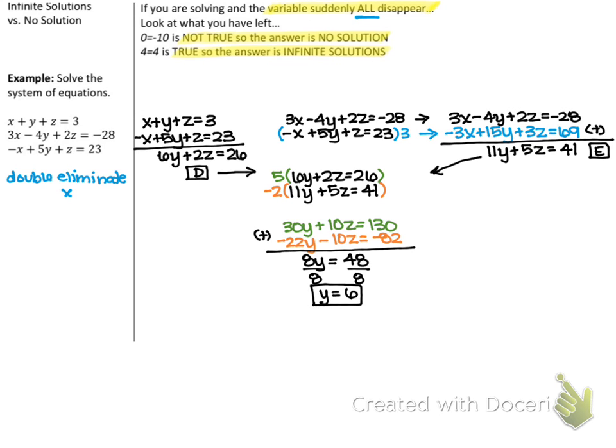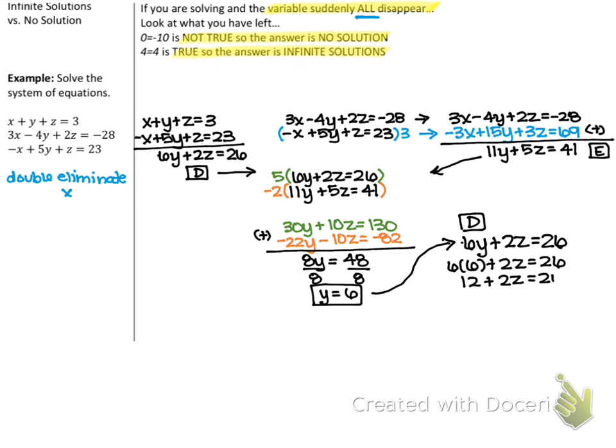Now you want to use equation D or E. It doesn't matter. I think I'm going to use D. So I'm going to take this, use equation D. I'll copy that down, which is 6y plus 2z is equal to 26. Plug in your y. So 6 times 6 plus 2z.